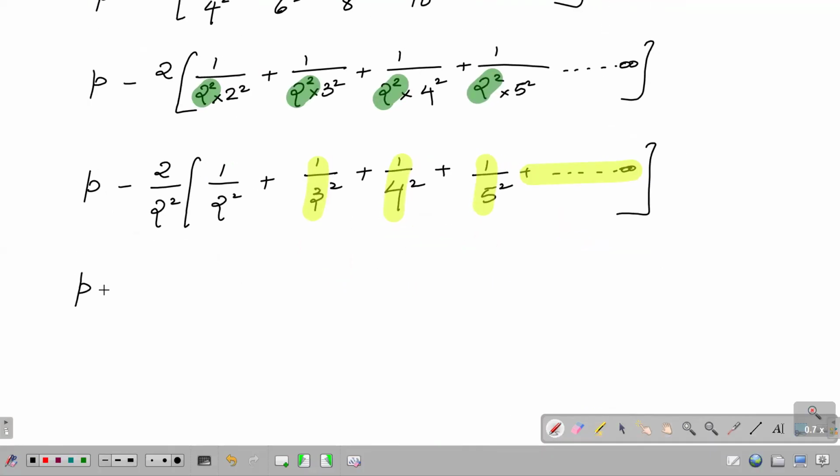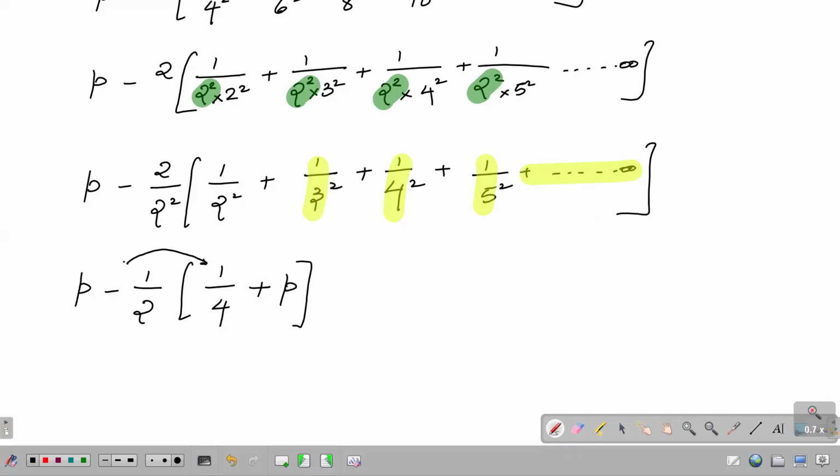So it will now become P minus, what am I waiting for? 2 by 2 square is nothing but 1 by 2, right? 2 by 2 square is 2 by 4, which is nothing but 1 by 2 times 1 by 2 square is 1 by 4, plus this entire thing what you see here can be replaced by a simple P here. We are almost done. You can see minus 1 by 2.